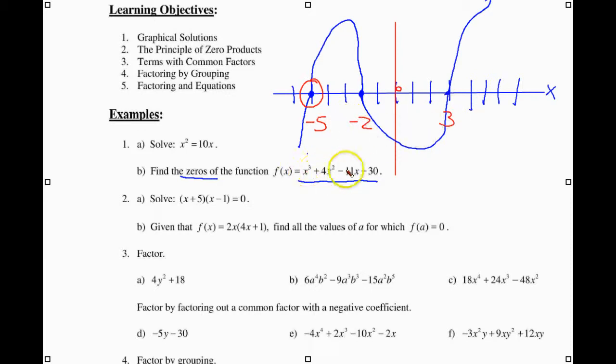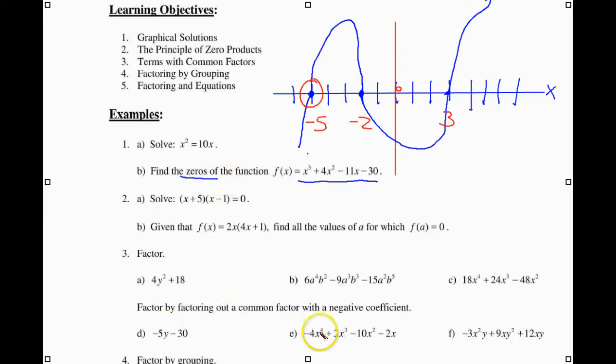But again, we're not able to solve that doing the techniques we have shown you below. So you will not have any like this on your test unless they give you the graph and you just pick out your zeros for y. X is this, X is that, X is this, when Y is 0. That's what they're asking you here.